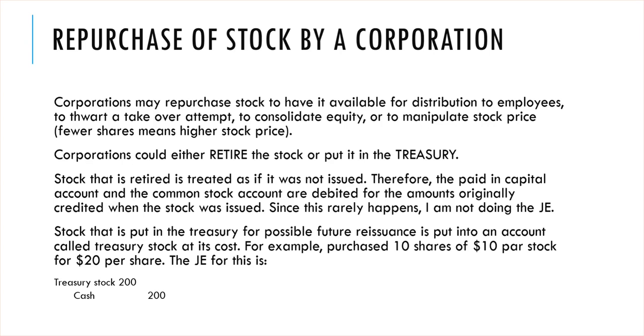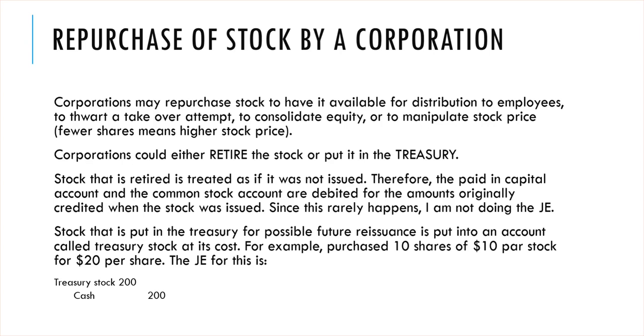You do those debits for the same amount as you originally credited when you issued the stock. So when you retire, it's like a reverse issue. It's reversing out an issue.